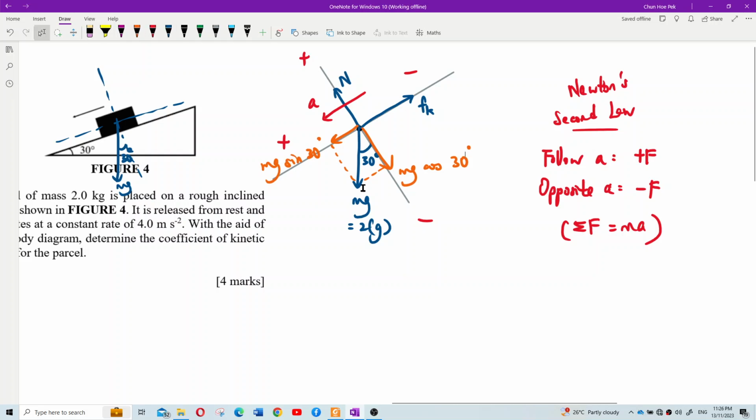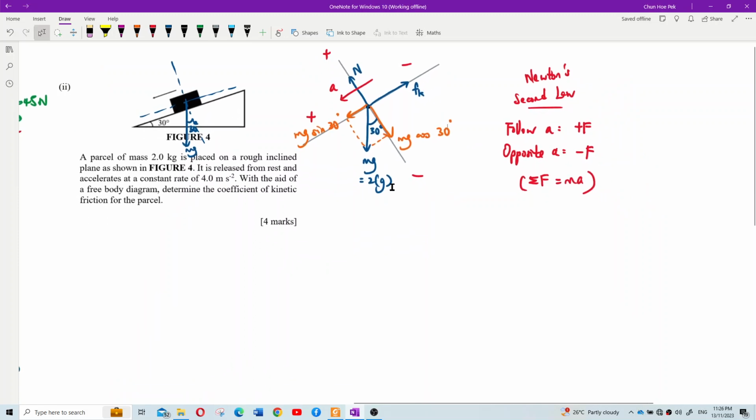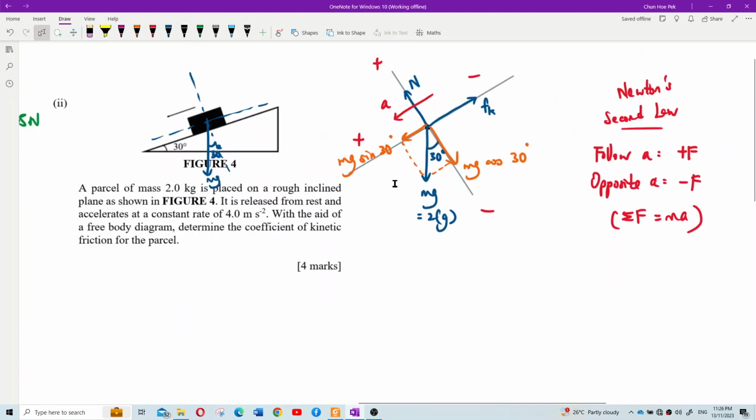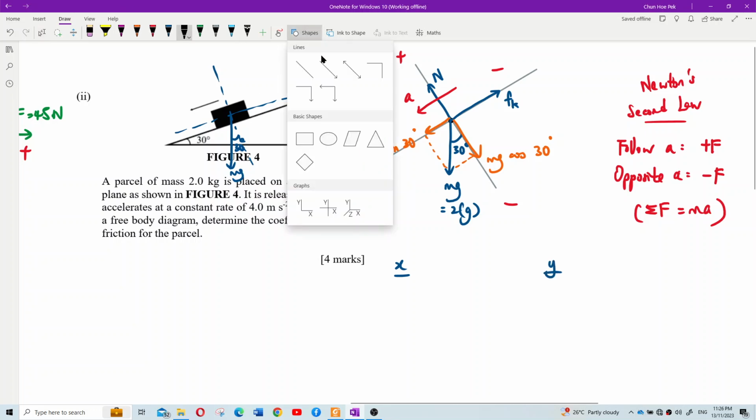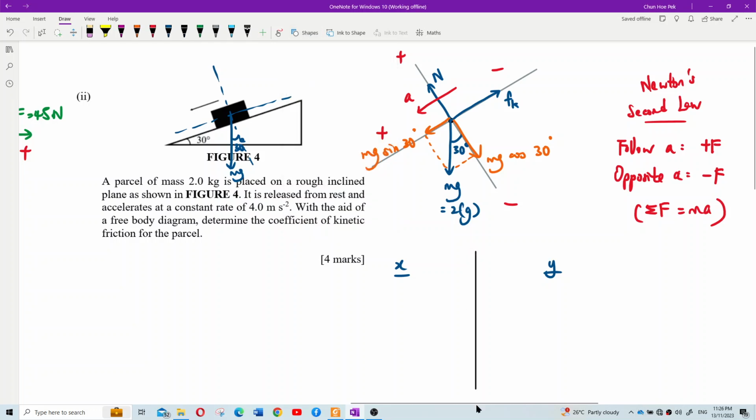Okay, class, what can I do now? I have the x component and the y component. I must do them separately, class.